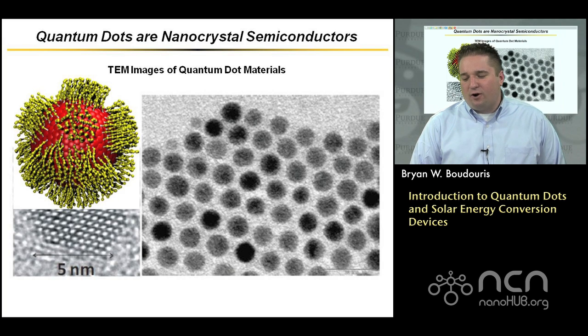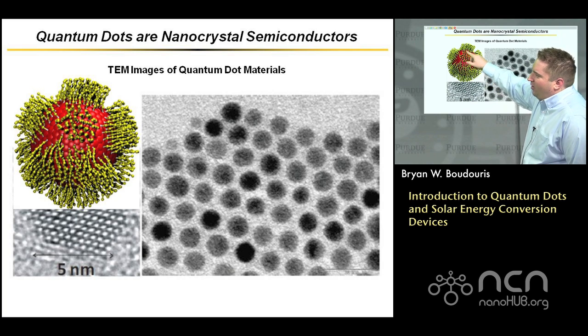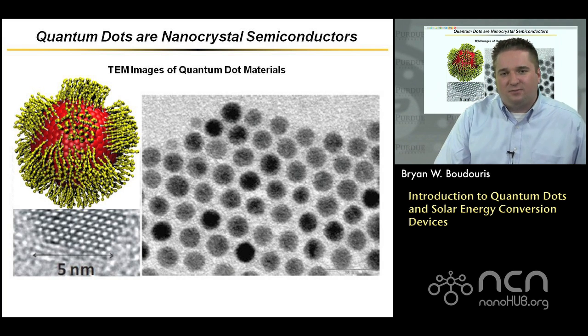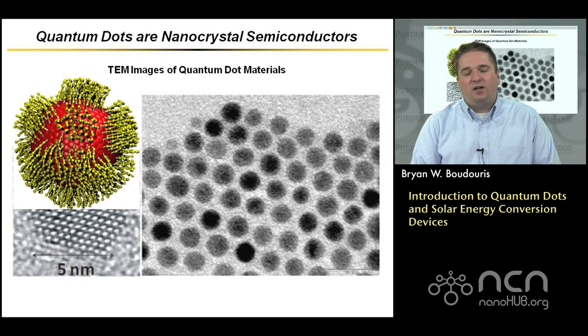Okay? There's a cartoon here that kind of represents that a little bit better. The red ball here is the actual semiconducting nanoparticle, and on the outside of it, these green things here are the organic ligands. Okay? And these organic ligands allow the nanoparticle to be stable in solution and be suspended in solution such that you can synthesize these and print these guys.